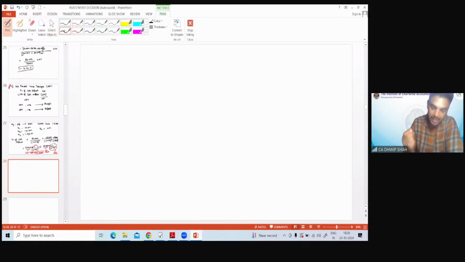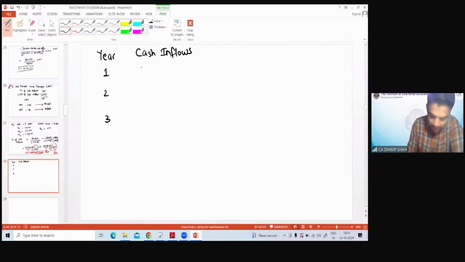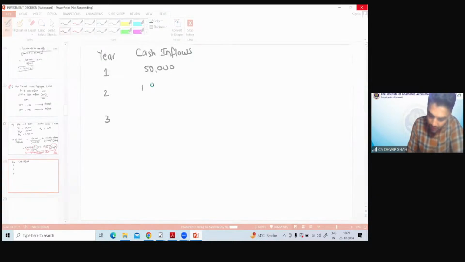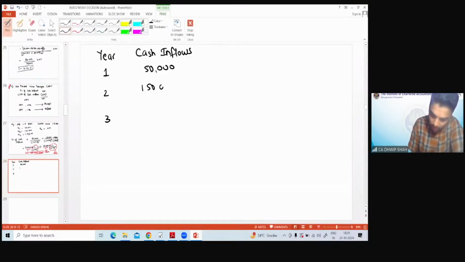So see, the presentation or the way to calculate NPV. We are in a professional course, right? So our method of solving should also be professional. It should also be a very organized way. Okay? So see how it works. The first column will be for year: year 1, 2, 3. The second column would be for cash inflows for each year: 50,000, 150, and 175.